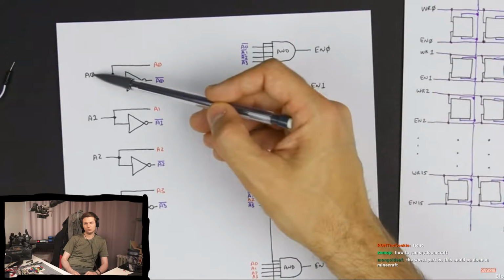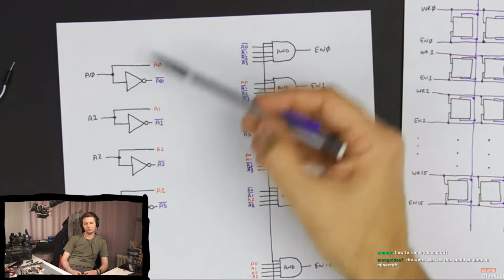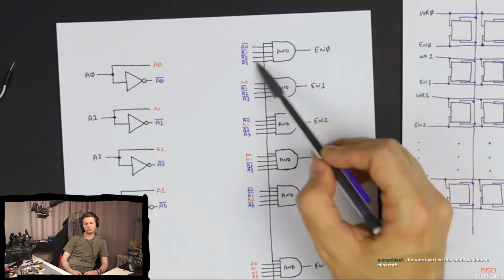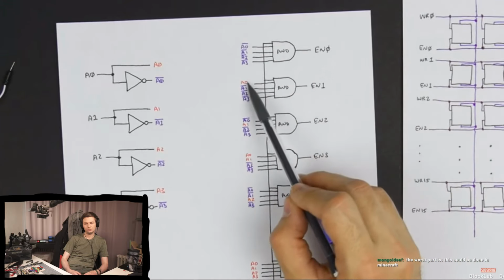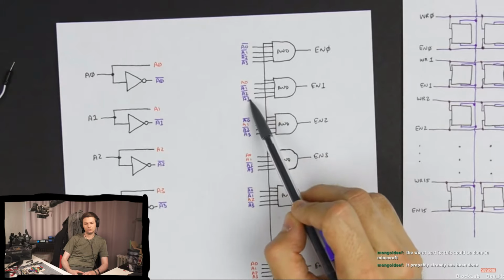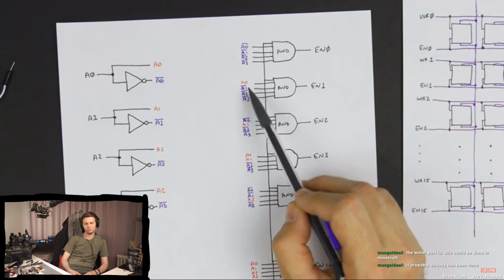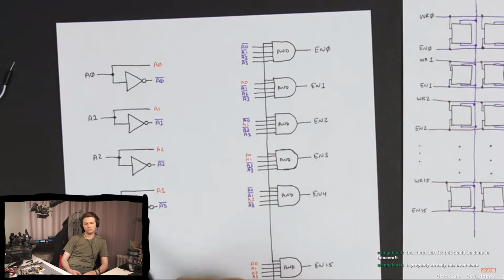If we had 1, 0, 0, 0, so a binary of 1, then this AND gate wouldn't be on, but this one would be, right? Because A0 is 1, and then the inverse of A1, A2, and A3 is also 1 because A1, A2, and A3 are zeros. So we have 1, 0, 0, 0.